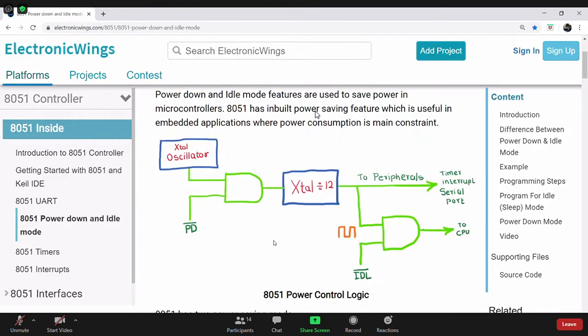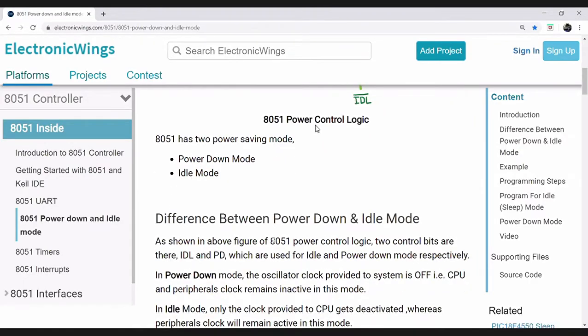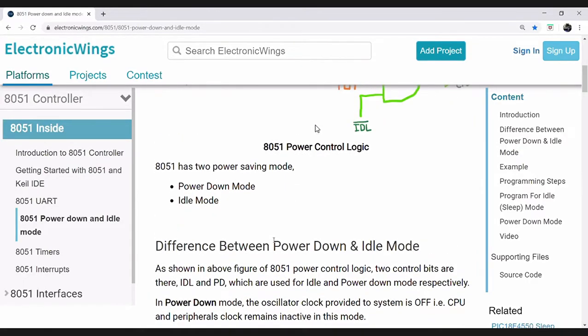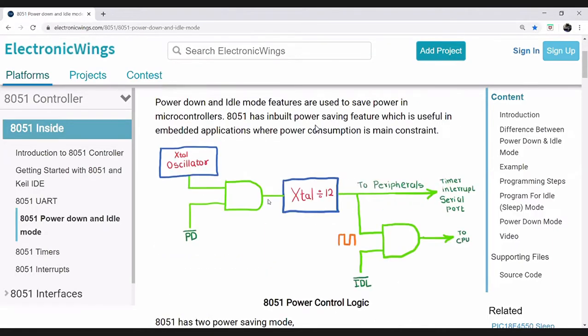So this is done with the help of two control bits, or two control modes, we call this. One is power down mode, one is idle mode. Please understand here, this is power down mode, this is idle mode.